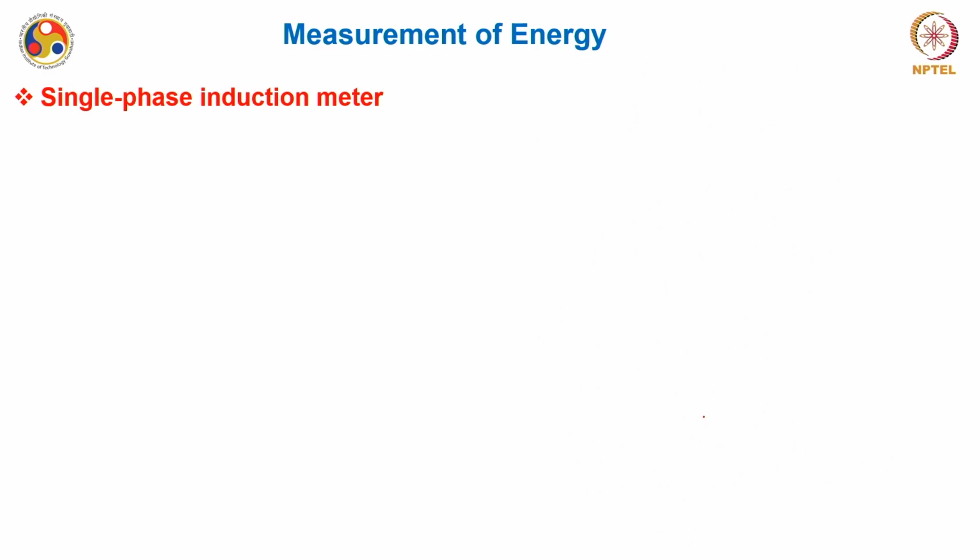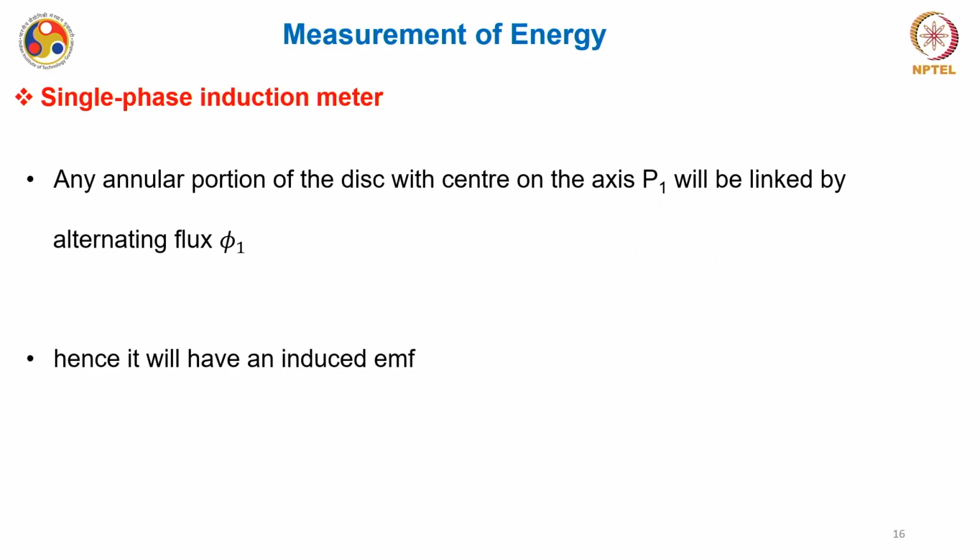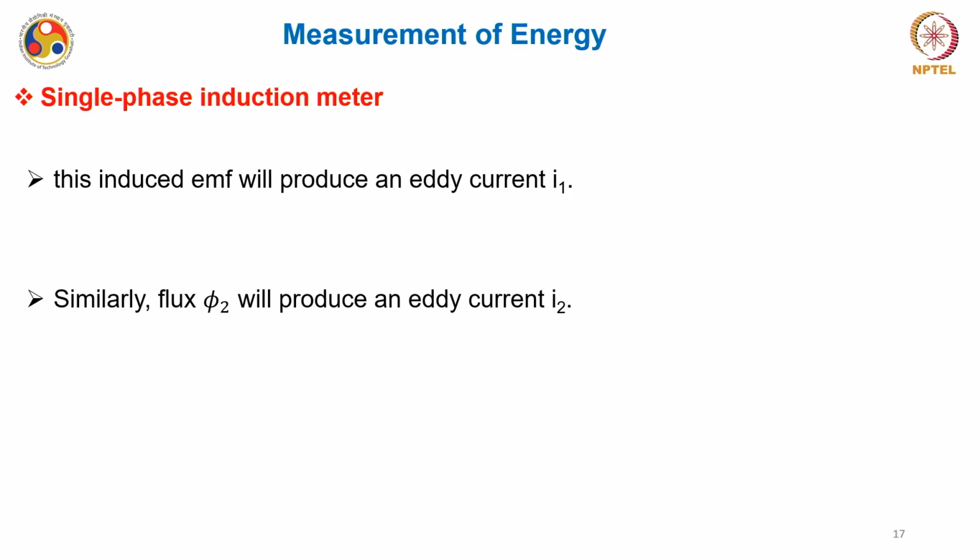Any annular portion of the disc with center on the axis P1 will be linked by alternating flux phi 1, and hence it will have an induced EMF as per Faraday's law. This induced EMF will produce an eddy current I1. Similarly, because of pole 2, a flux phi 2 is generated, and this produces an eddy current, say I2.